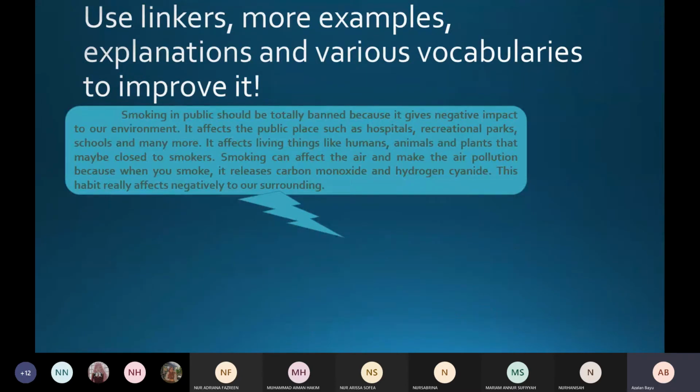Macam mana nak improve? Okay, mungkin you boleh tulis dalam kertas ke apa, ataupun you type ke. Macam mana nak improvekan this content paragraph untuk topik negative impact to environment. Okay, my hint here is you can use linkers, example, you tambah more example, explanation, ataupun you menggunakan vocabularies yang pelbagai.